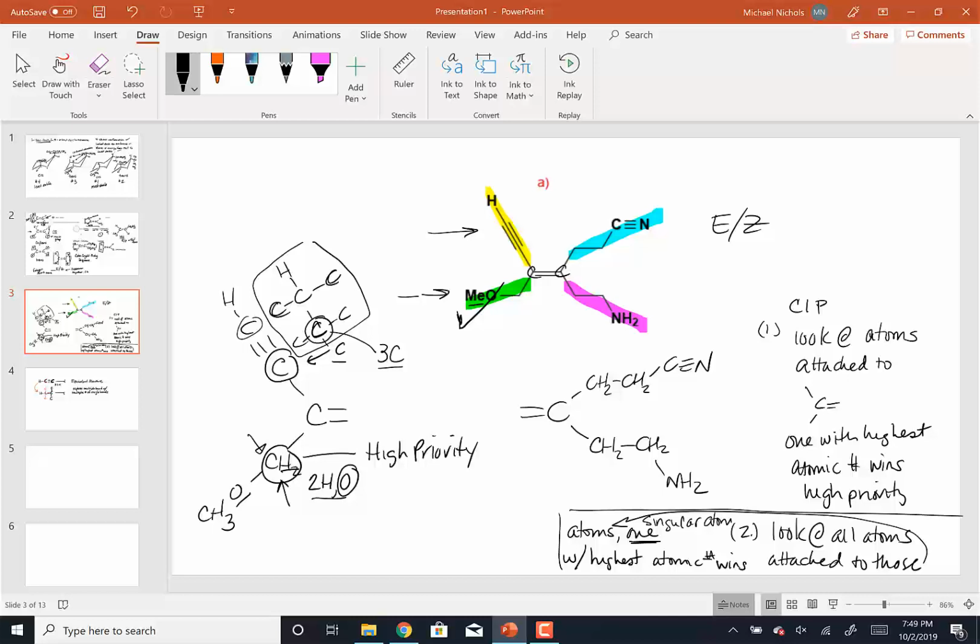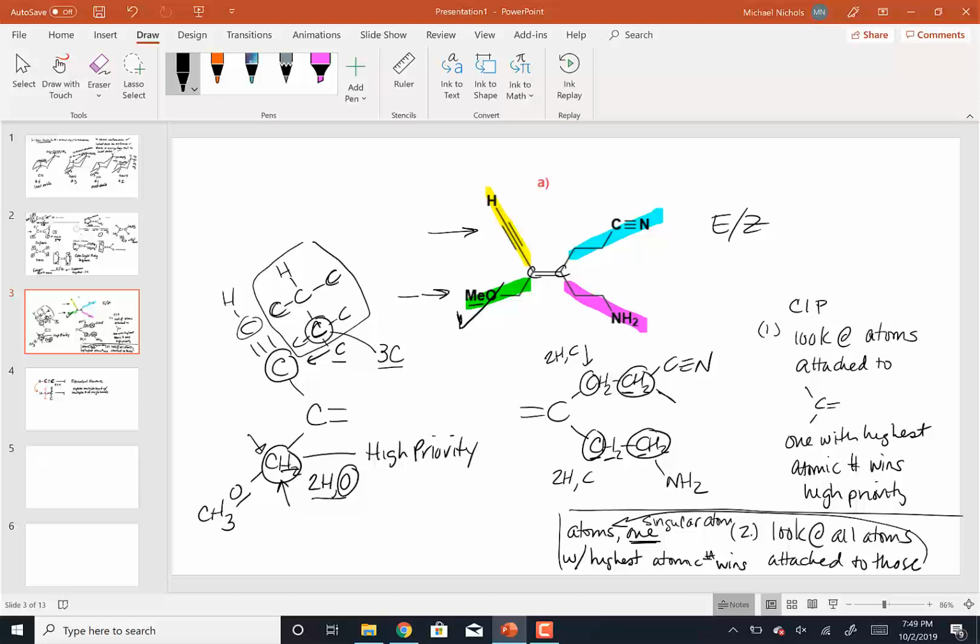Looking at this, the first group here, carbon versus carbon, tie. What's attached to this carbon right here? 2 H's and that C. What's attached to this carbon? 2 H's and that C. They're tied. So now we move on to the next group.